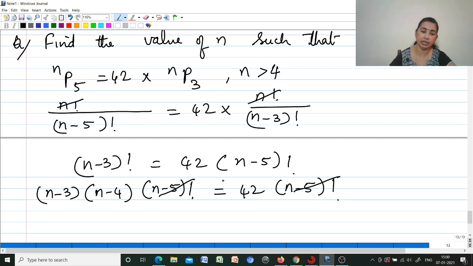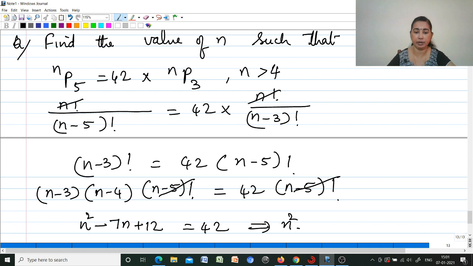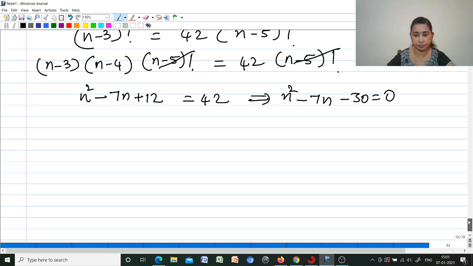Remaining n minus 3 into n minus 4 is equal to 42. Opening the bracket, n square minus 3n minus 4n, that is minus 7n plus 12, is equal to 42. Then that is n square minus 7n plus 12 minus 42, which is minus 30, is equal to 0. For the values of n, we have to factorize the last term.